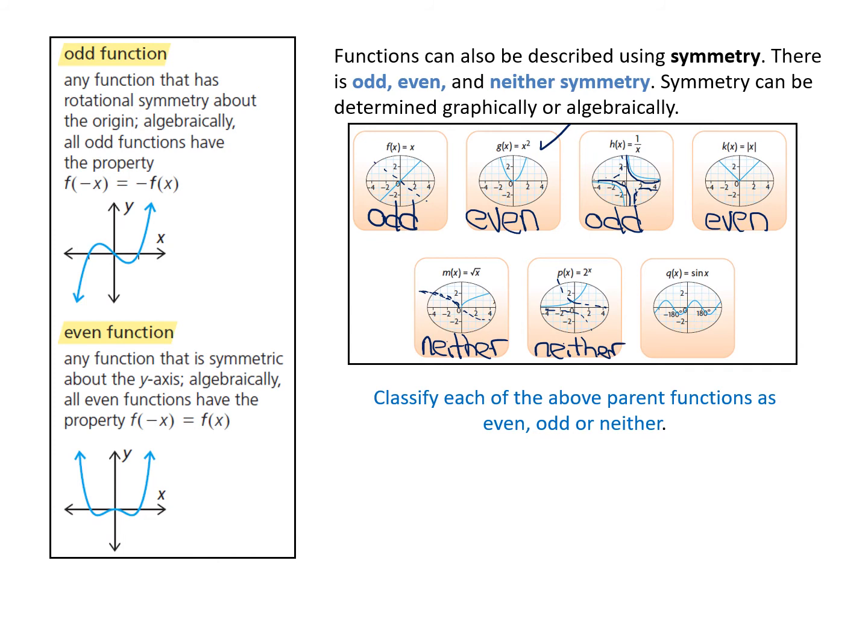And then the last one is sine. Again, we want to start with looking for even first. Even means any point that's here, when I reflect it, is going to be over here. So my horizontal reflection is going to look like this. It's hard to see. That's not the same, so it's not even.